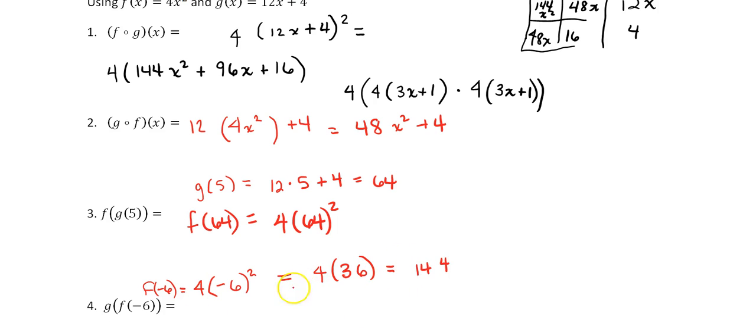Alright, so my f of negative 6 becomes 144. My g of 144 equals 12 times 144 plus 4.